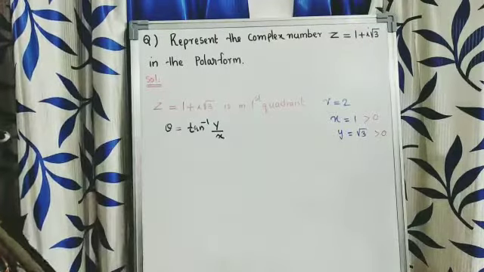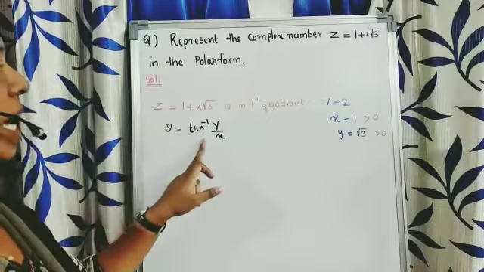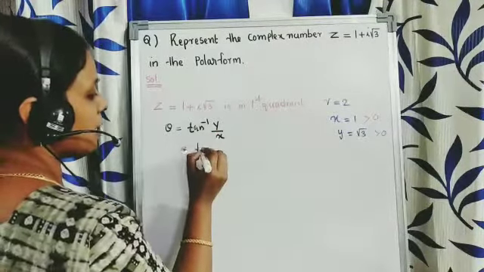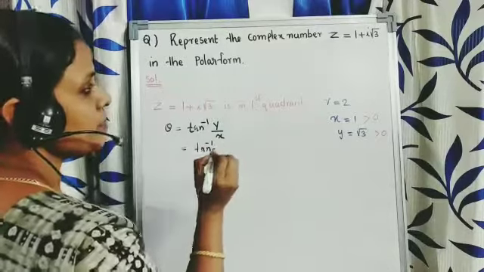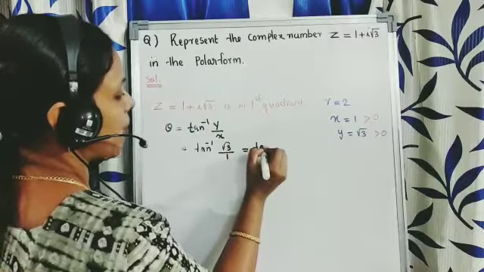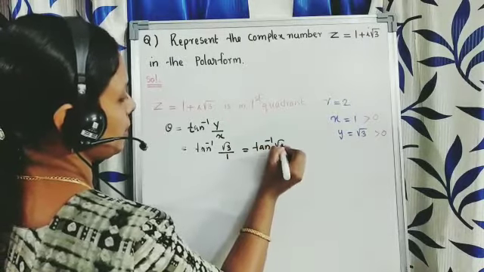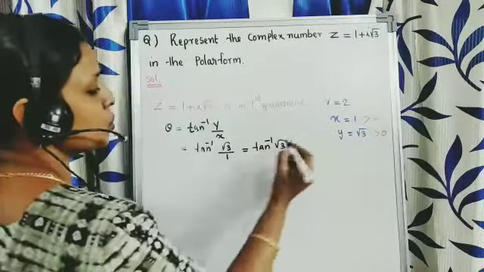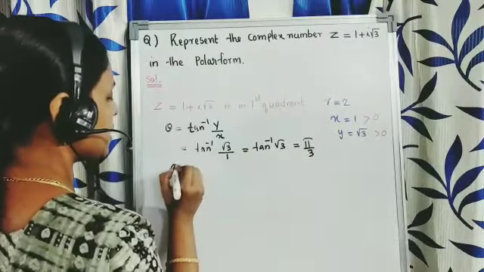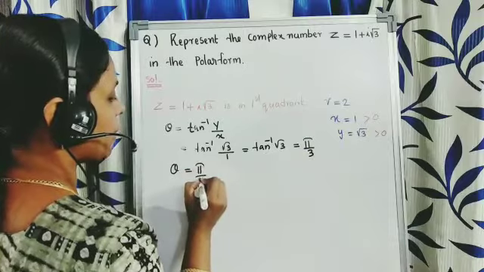Then theta is equal to tan inverse y by x, that is tan inverse root 3 divided by 1, which is tan inverse root 3. We know that tan inverse root 3 is pi by 3. That means theta is equal to pi by 3.